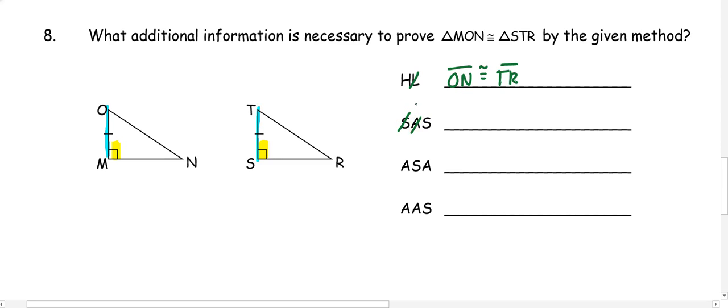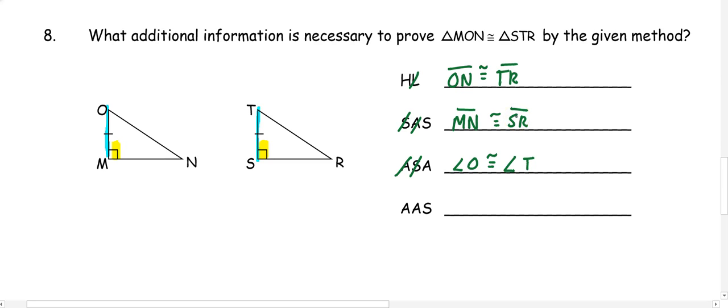We need the other side that's touching the angle to be congruent. So we would need MN to be congruent to SR. If we are using angle side angle, we already have an angle and a set of sides. We need to know the other angle that's touching the side, so we would need to know that angle O is congruent to angle T.